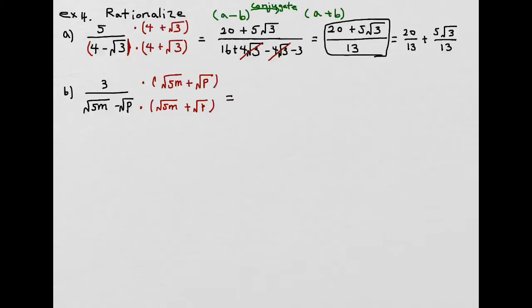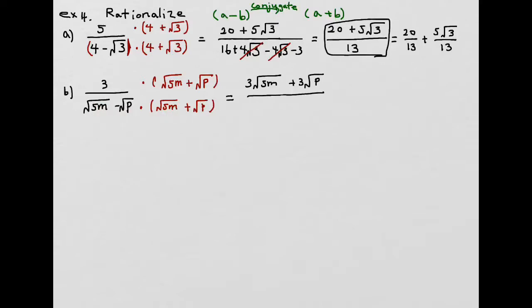Then you do the distribution on the numerator. You get 3 square root of 5m plus 3 square root of p. Denominator, because this is a difference of squares, you get square root of 5m times square root of 5m.